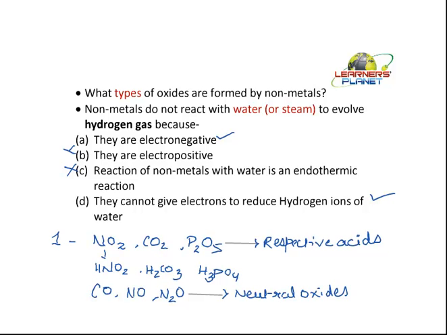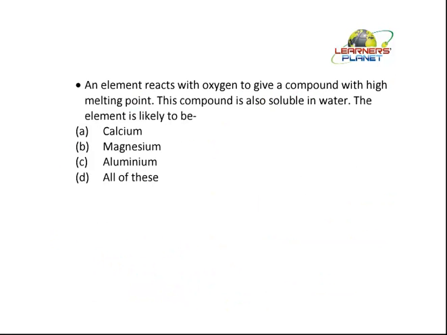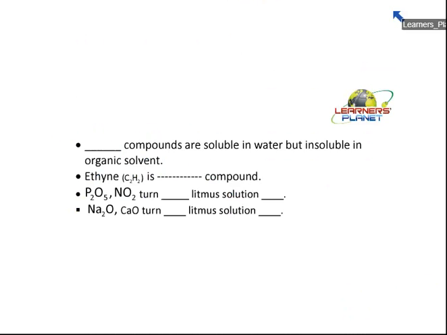Now let's take up our next question. An element reacts with oxygen to give a compound with a high melting point. This compound is also soluble in water. The element is likely to be what? So what is it saying, students?